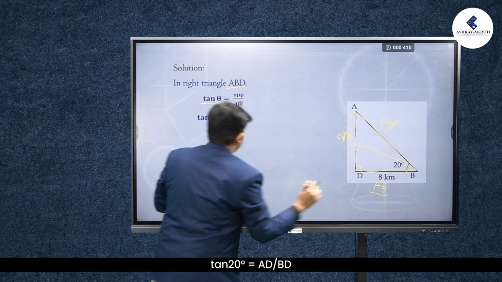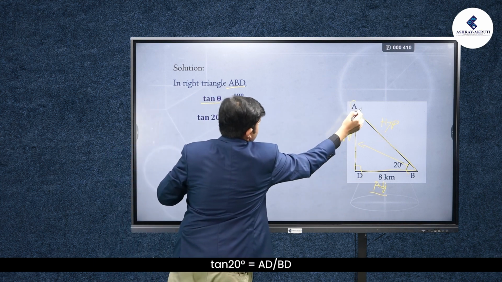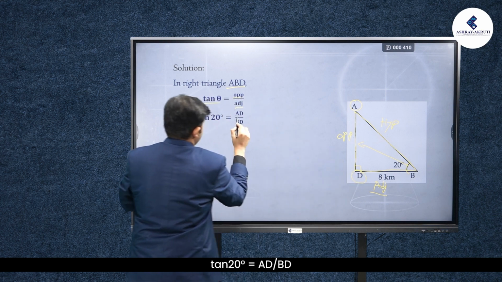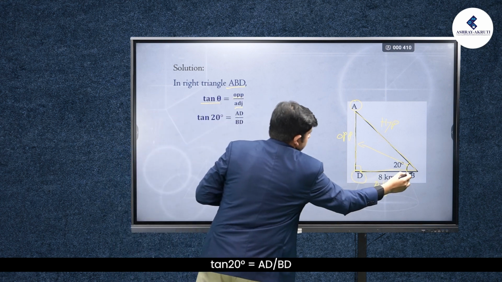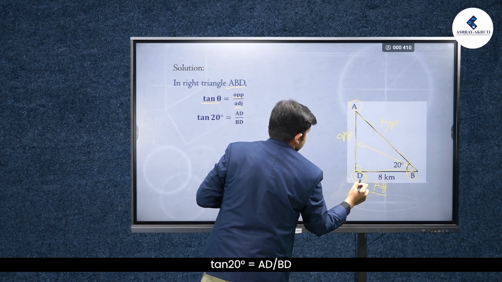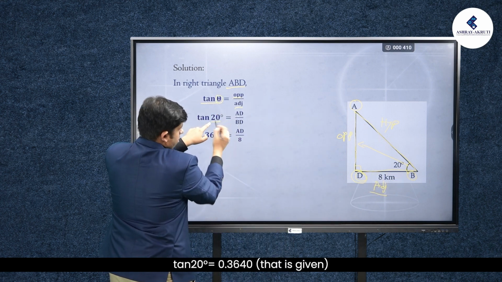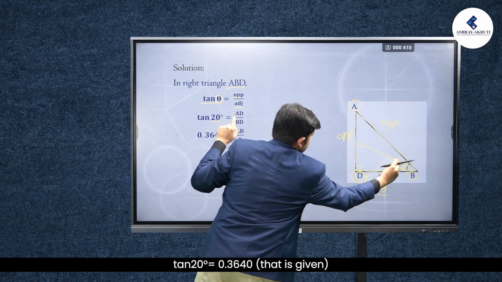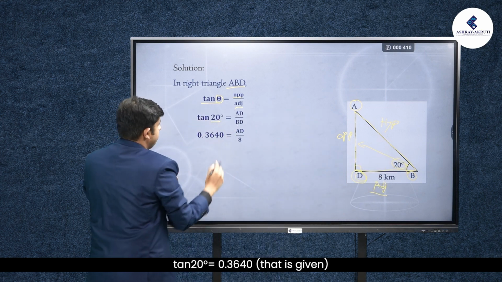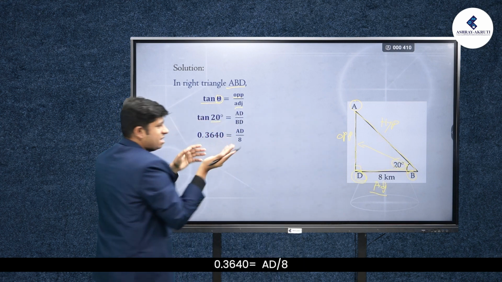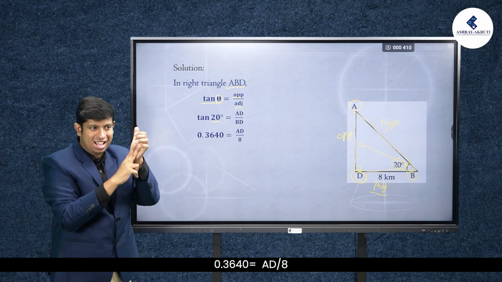Tan 20 degrees is equal to AD by BD. Tan 20 degrees is equal to 0.3640, that is given. 0.3640 is equal to AD by 8.